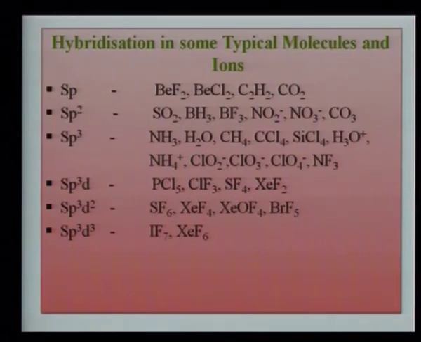Also, sp3 is found in all the oxyacids of phosphorus. sp3d: PCl5, ClF3, SF4, XeF2. sp3d2: SF6, XeF4, BrF5. And sp3d3: IF7 and XeF6.